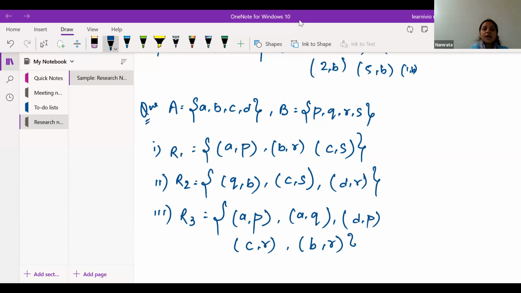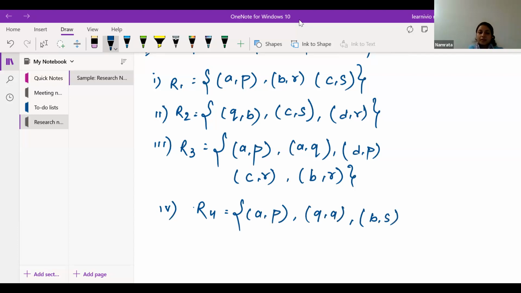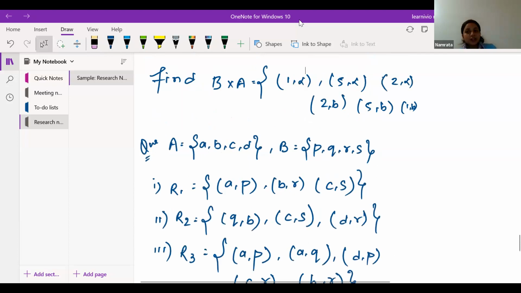After that, we are having the other relation as AP, QA, DS, and SB. And here the instruction is, according to the given set, which can be the relation.